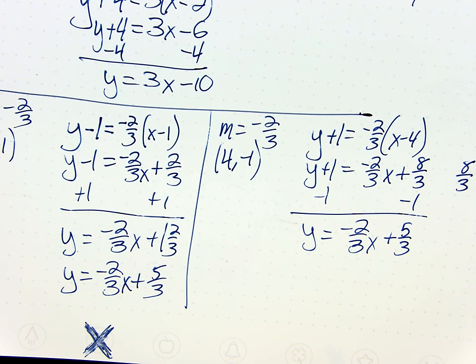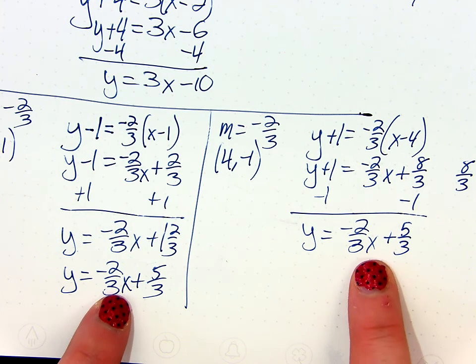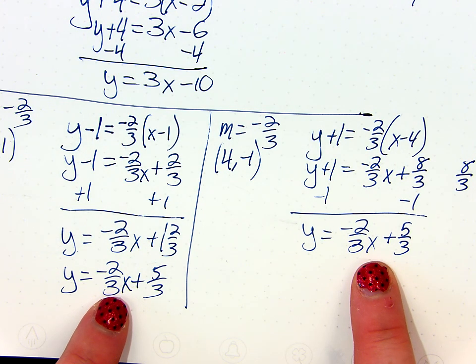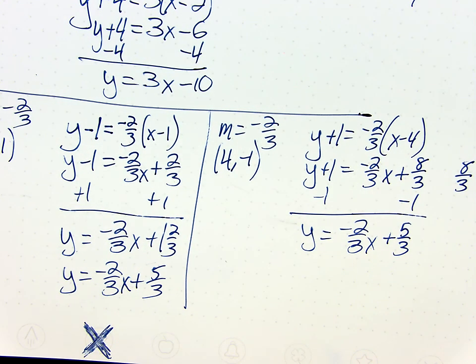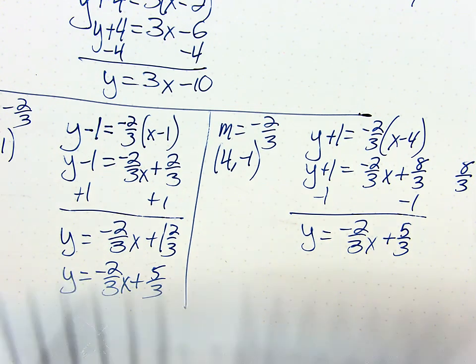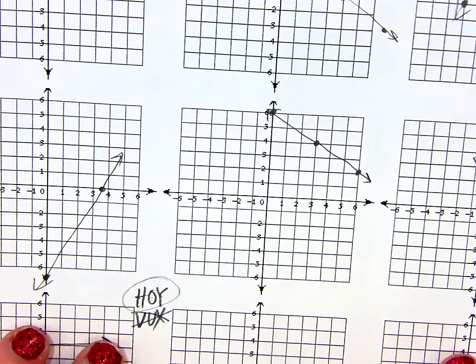Oh, yeah. So sometimes you can jump right to this. When can you do that? Well, I still need to know the slope, but if I happen to know the y-intercept, sometimes I do. Say I was looking at this graph.